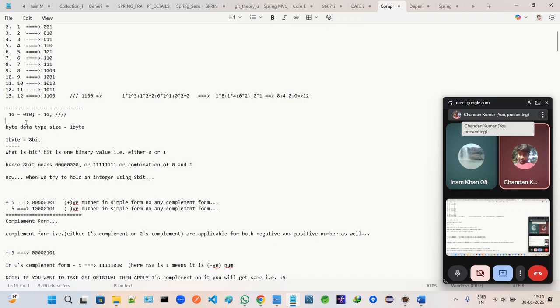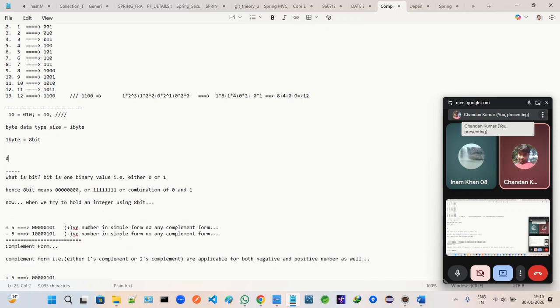So a minimum of 8 bits is required, and we have the value 10. How are we going to represent 10 in 8 bits? For the decimal value 10, its binary equivalent in 8 bits. First, 10 needs at least how many bits? 1010.